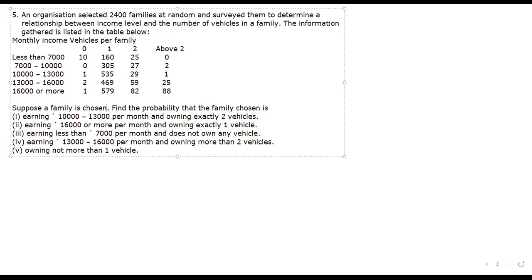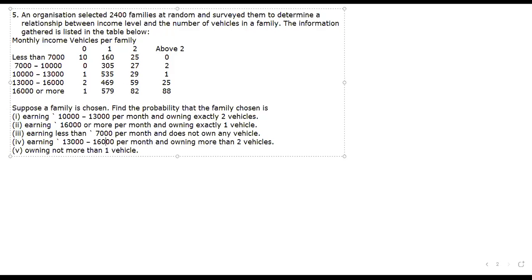Less than 7,000 and does not own any vehicle. 10 upon 2,400. Very good. Earning 13,000 to 16,000 and owning more than 2 vehicles. 25 upon 2,400. Correct. And last, very important.